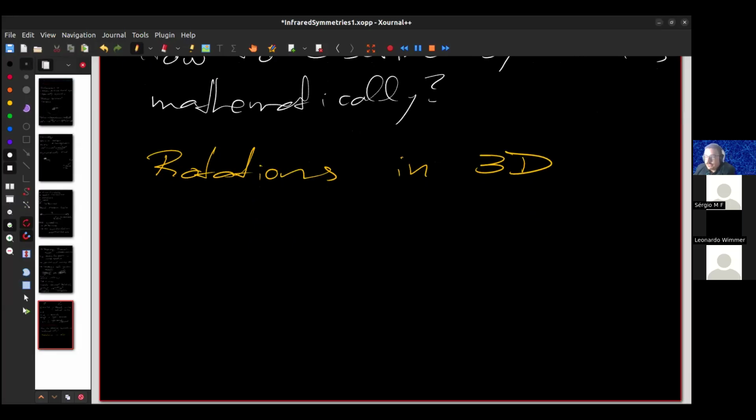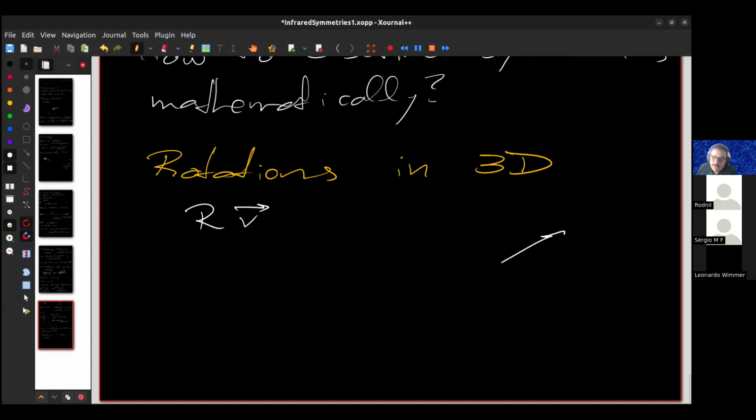What characterizes a rotation in 3 dimensions? I'm going to say that the symbol R denotes a rotation, and I expect R to act for concreteness on vectors. So I'm going to apply this transformation R to a given vector V, and this is going to give me the rotated version of V.